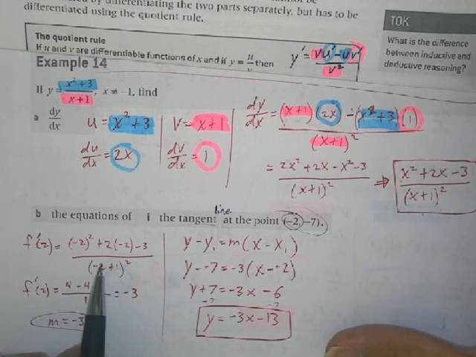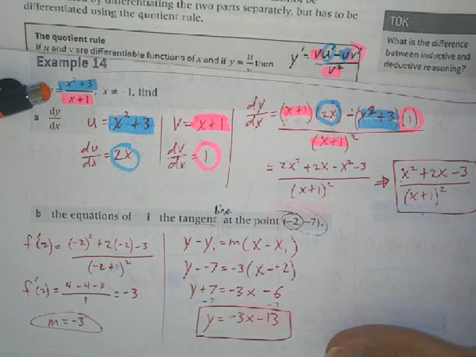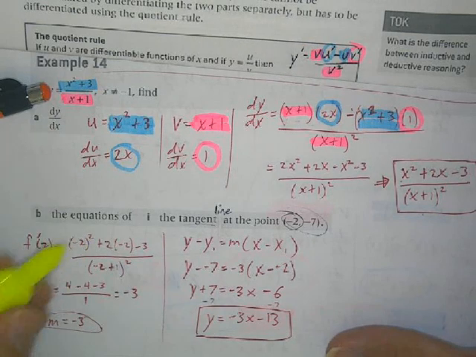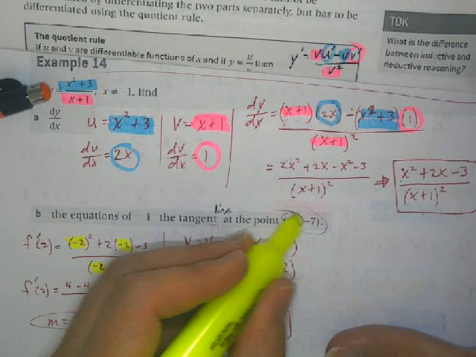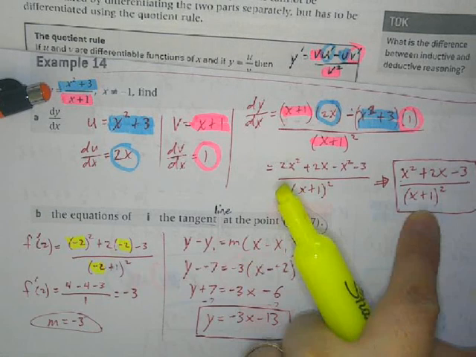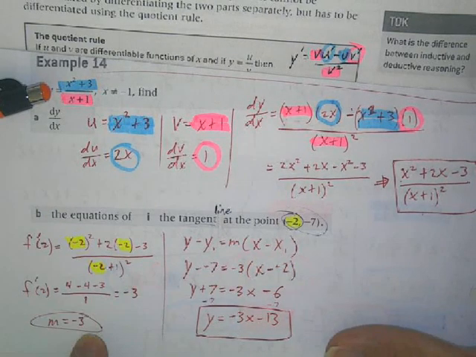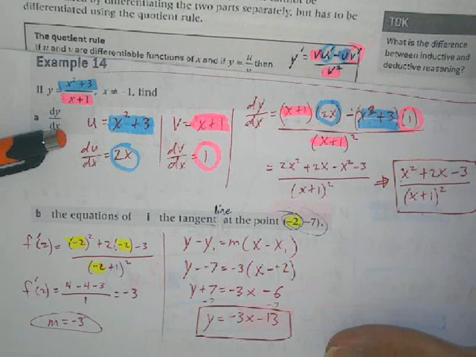I'm replacing x with -2 from this equation here. Okay, it simplifies to this. So now I've got my slope. So my slope is -3.